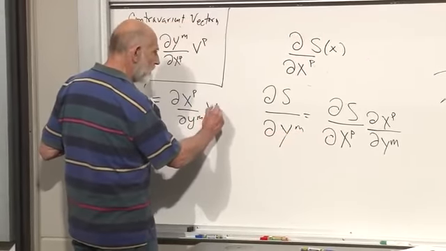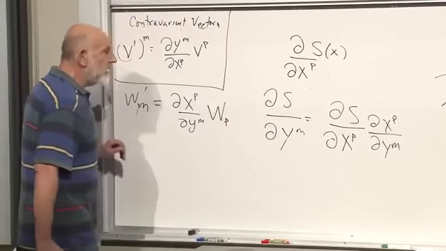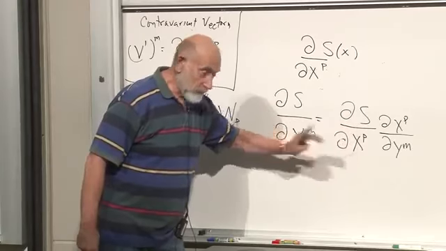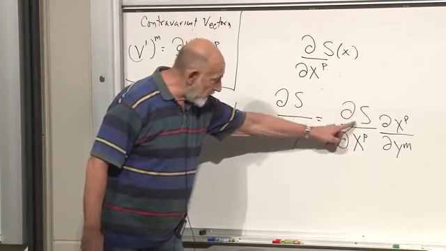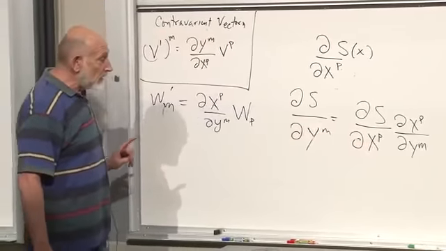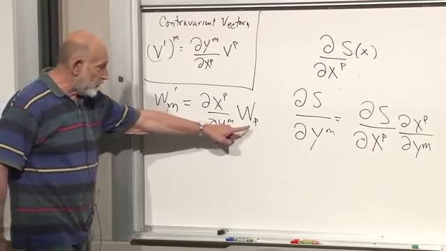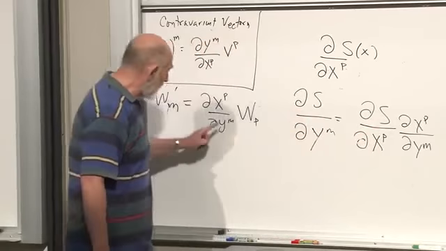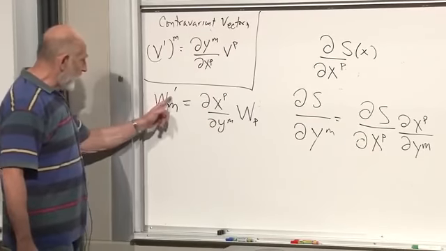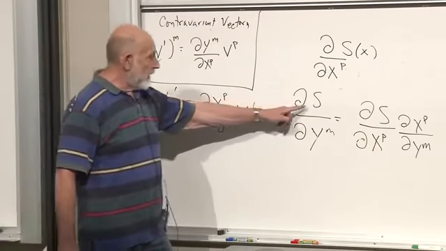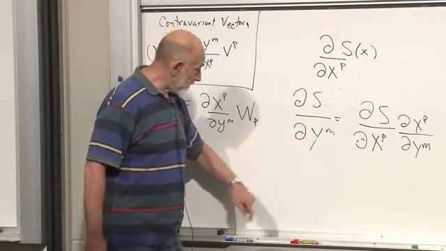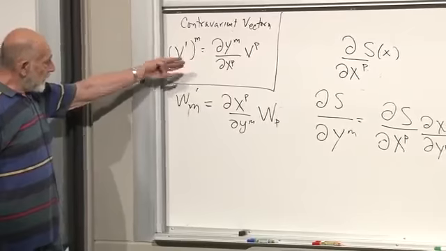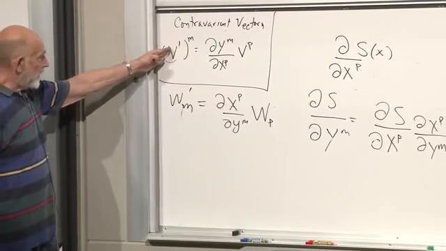This is w_p. It's the unprimed gradient because it's differentiated with respect to the unprimed variable. That's w_p over here. Here we have ∂x^p/∂y^m, and here we have the primed gradient. This is different. It's different, it's similar.